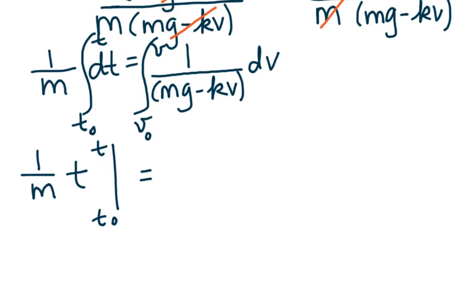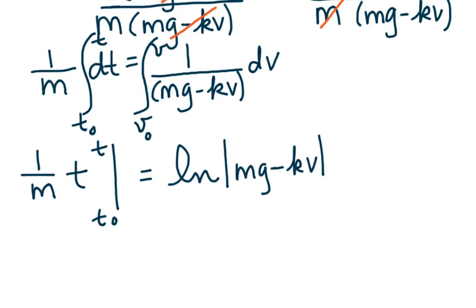On the right side, it actually ends up being the natural log of the absolute value of mg minus kv. Of course, this is the antiderivative, so I also need to divide by negative k. That means if I took this value and took the derivative of it, I would get what was in the original integral, which is 1 over the quantity mg minus kv. And then we will evaluate at final velocity and initial velocity.